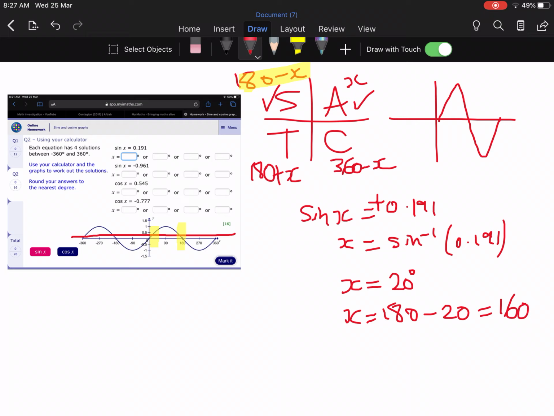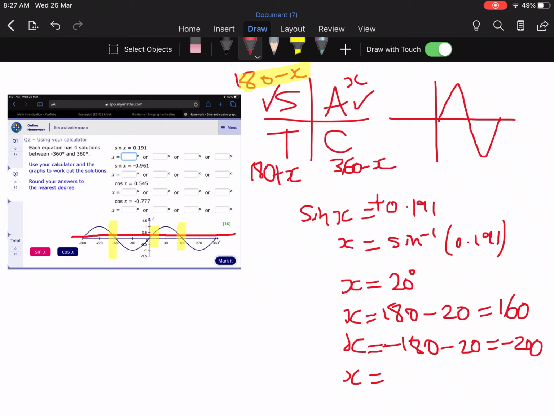Now remember, I don't know the actual answer, so I'm just using an estimated answer. And then I need to use some common sense here. Now this is more negative than negative 180, so I've got to do negative 180, negative 20, because it goes even more negative, which is going to be negative 200.